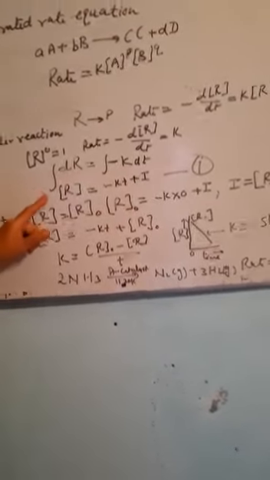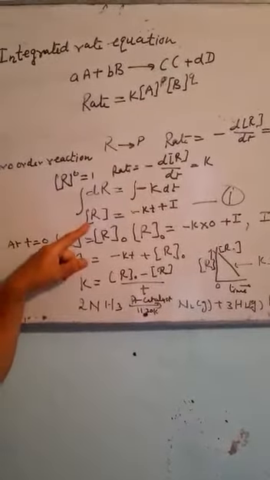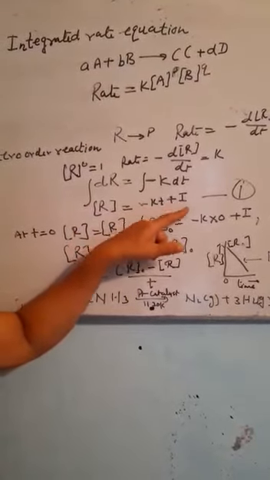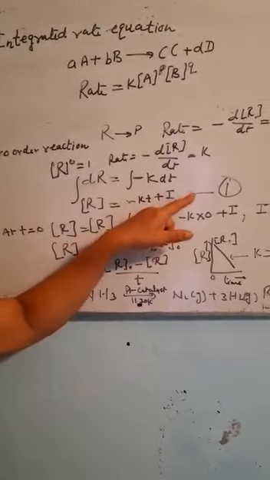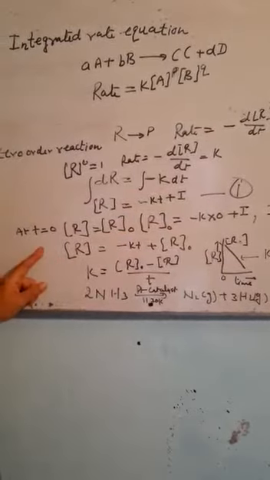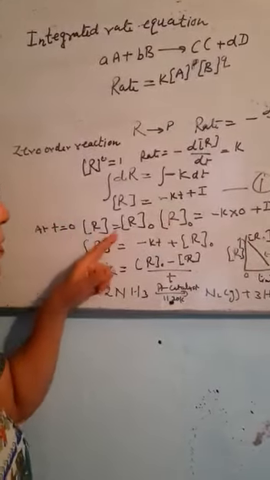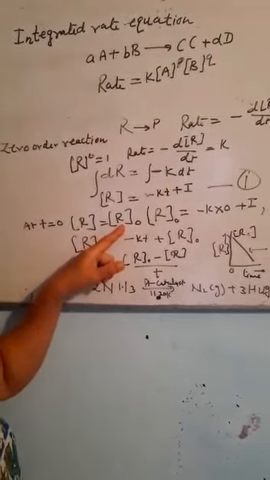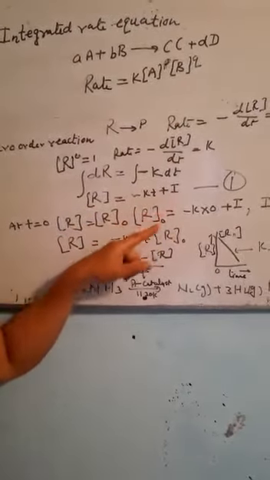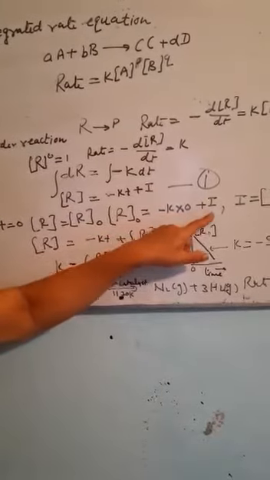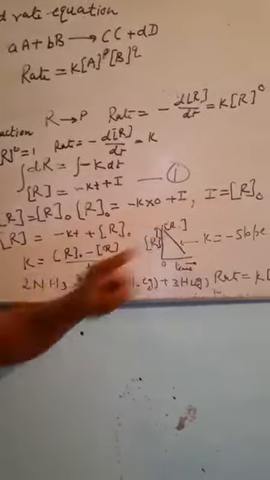When we integrate it, it will be [R] is equal to minus kt plus I, where I is the constant of integration. If the time interval is 0, the concentration of R becomes equal to the initial concentration, that is R0. If we put the value here, R0 is equal to k into 0 plus I. Now I becomes equal to R0.